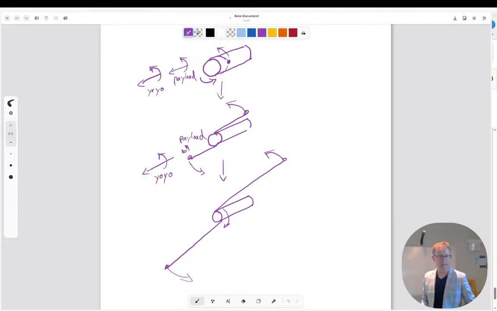So I'm just drawing a couple of arrows: bigger arrow, more rotation, smaller arrow, less rotation. And then in the last one, we have a negative.